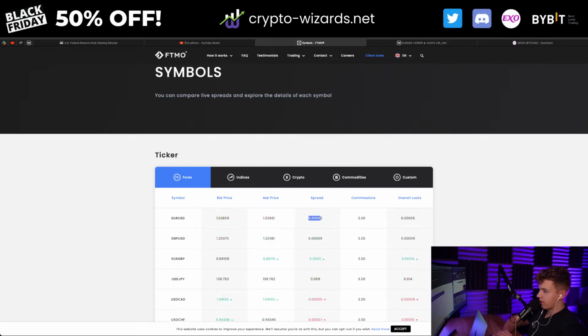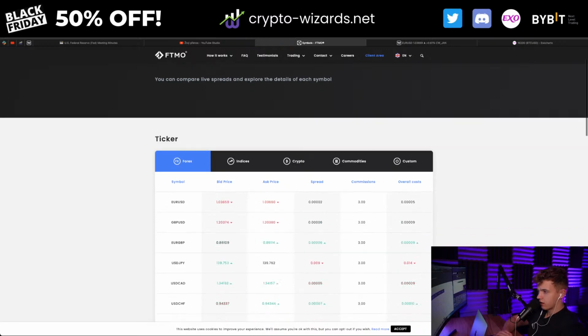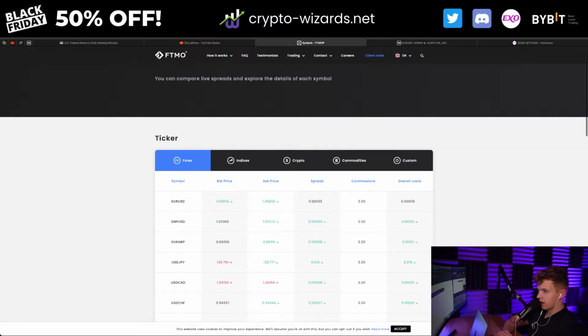The spread is very small, obviously, as you can see. It's a live spread, by the way.